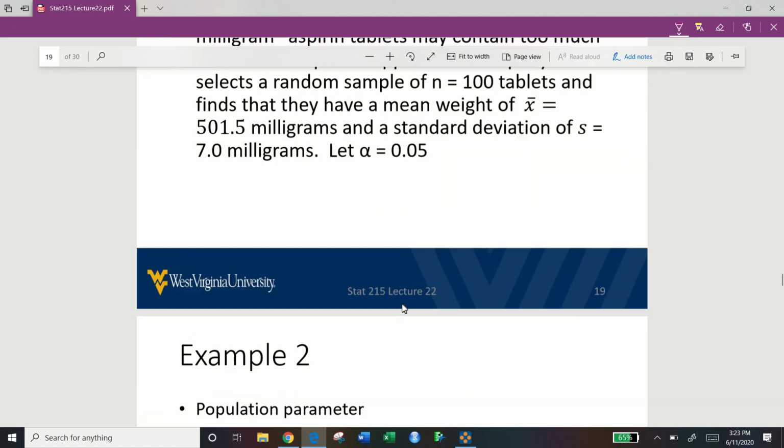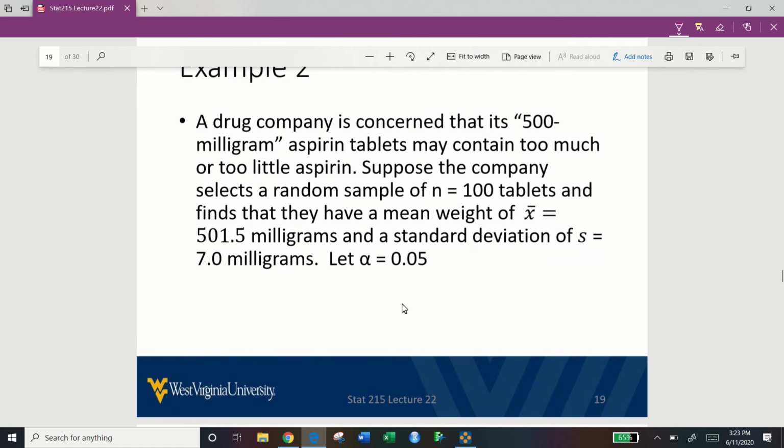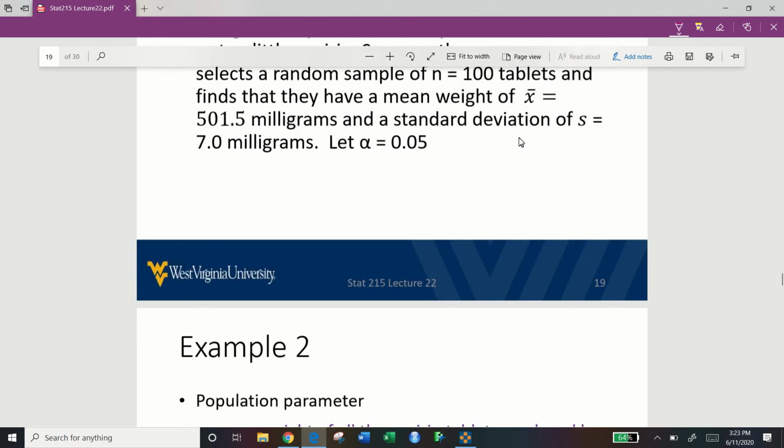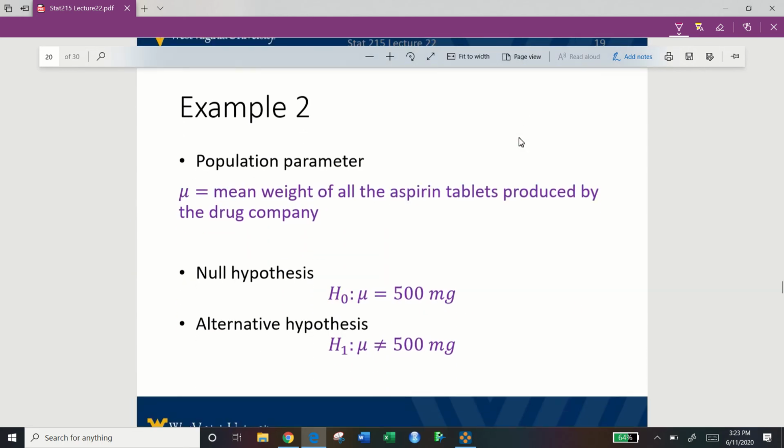In this case, if we scroll back up, the company's stated average or stated amount is the 500 milligrams. So that's going to be our hypothesized value. Our alternative hypothesis then will be H1 colon mu something 500 milligrams.